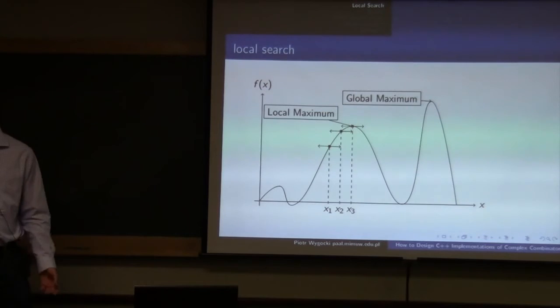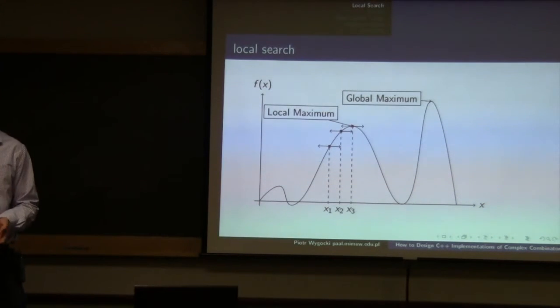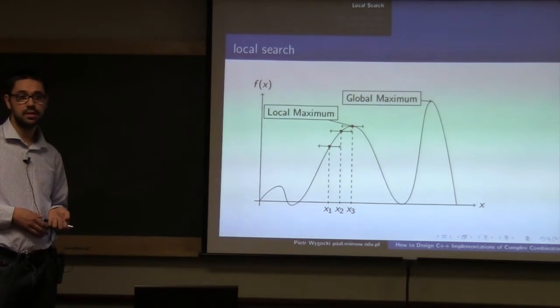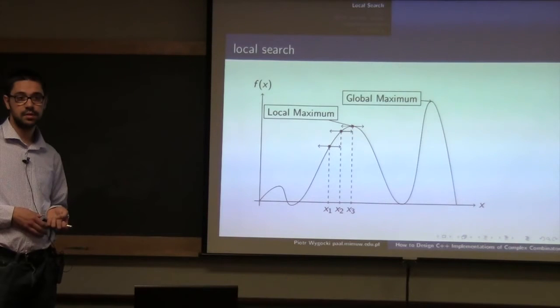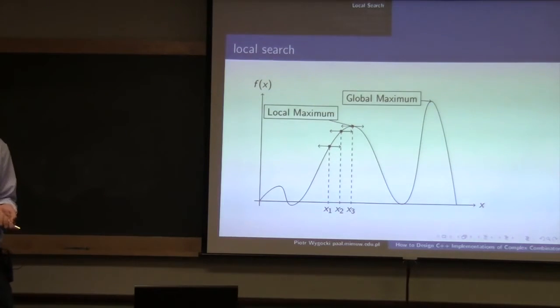I know that this is not a very strict definition, but I think it is a good definition for this talk. Well, one note: depending on the size of your neighborhood, you might not even end up in a real local maximum. But still, it's a useful technique.